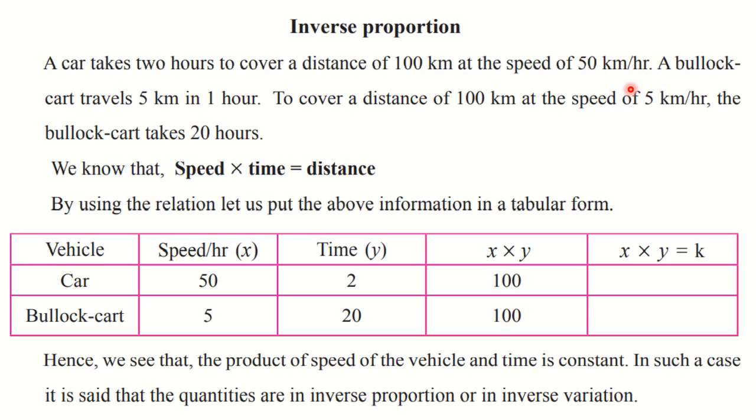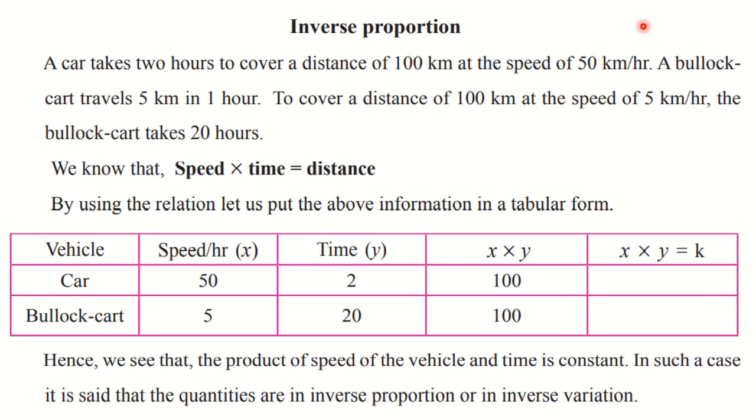Obviously 50 kilometers per hour, so 100 kilometers is going to take 2 hours. A bullock cart travels 5 kilometers in 1 hour. To cover the distance of 100 kilometers at the speed of 5 kilometers per hour, the bullock cart takes 20 hours. Okay, so here for 100 kilometers the car is taking only 2 hours.